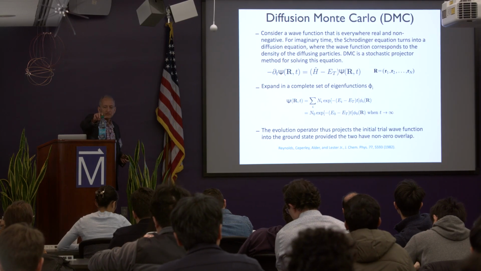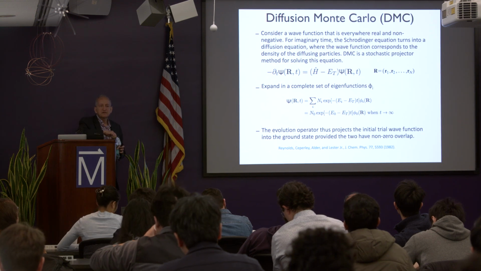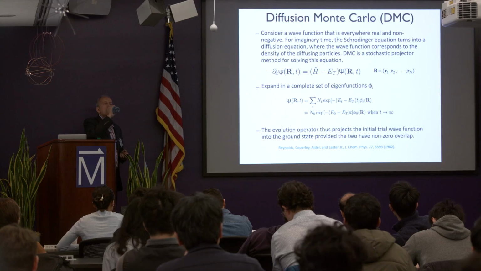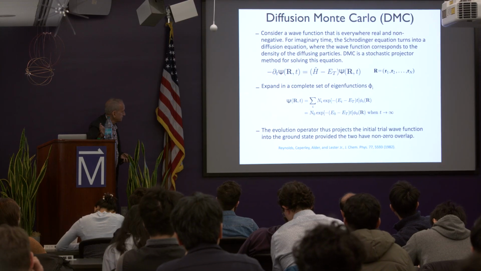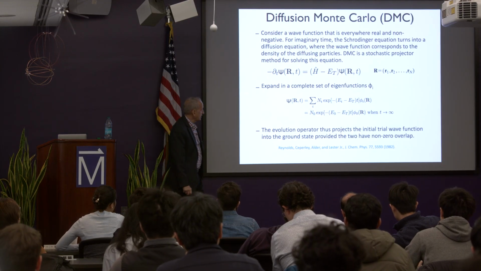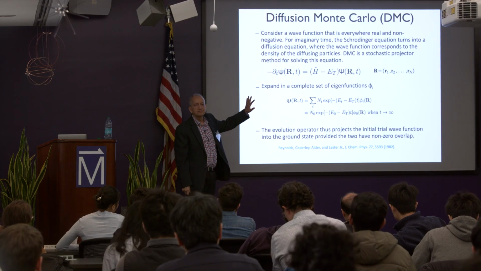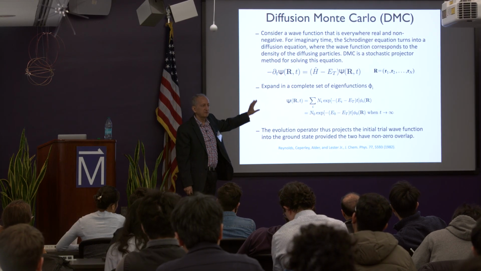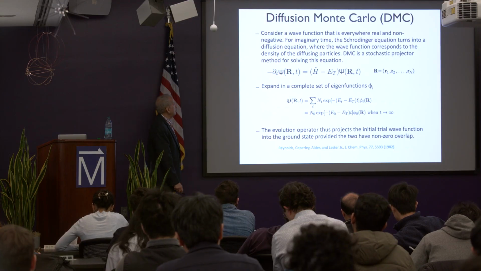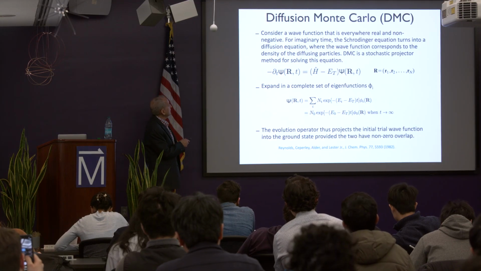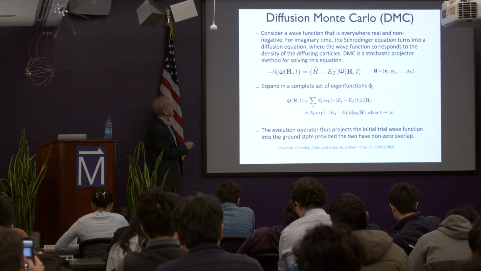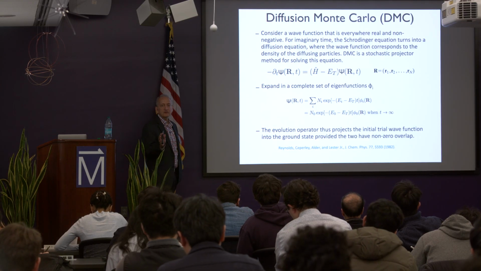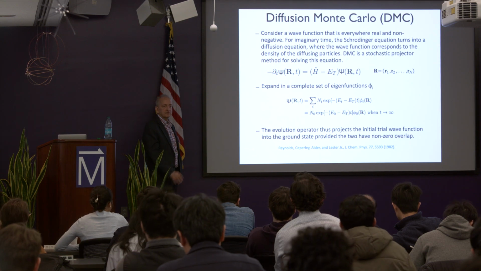Well, we are going to use a method called fixed phase diffusion Monte Carlo. Now, I'm not going to go into technical details, but just to give you a quick flavor for what it is. Suppose you knew that the wave function is everywhere real and non-negative. And that's true for the ground states of bosonic systems.